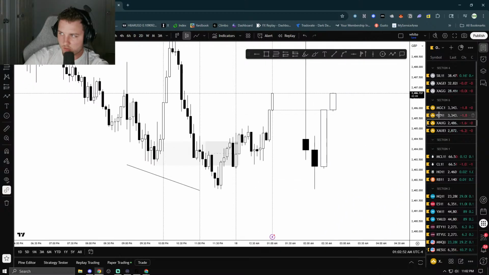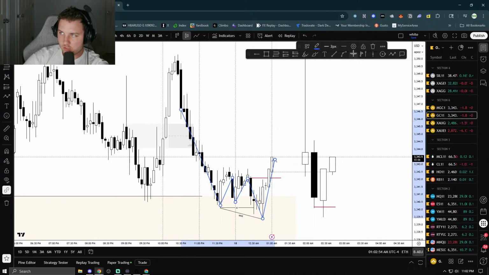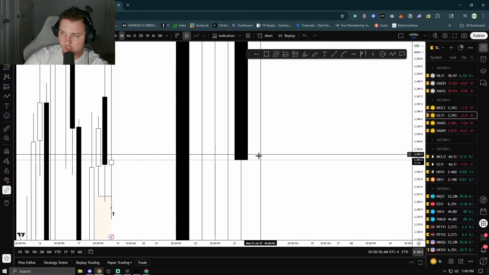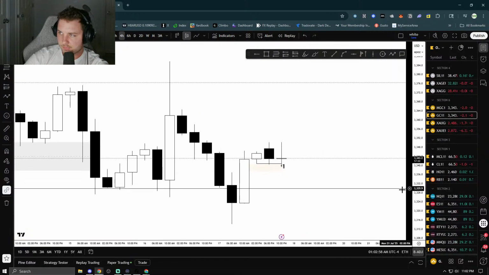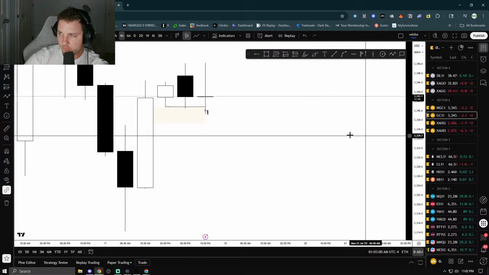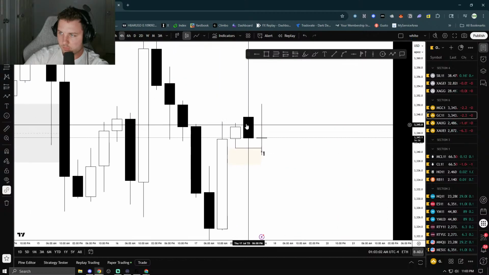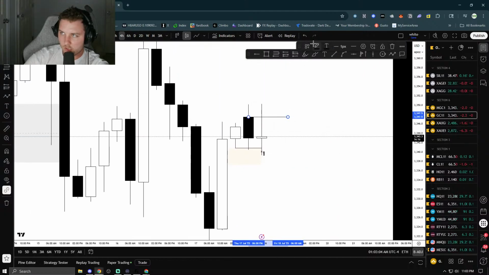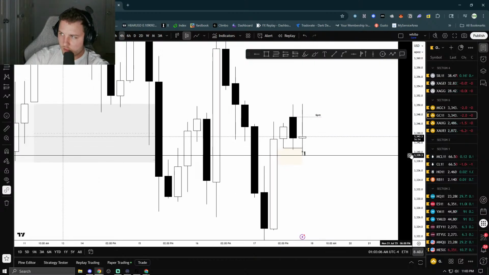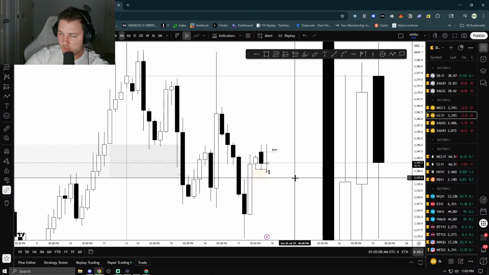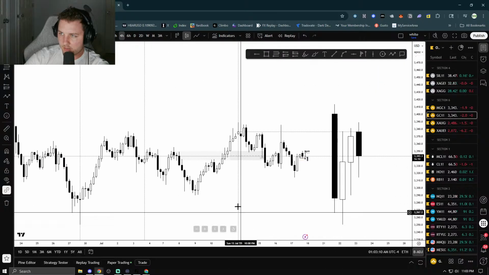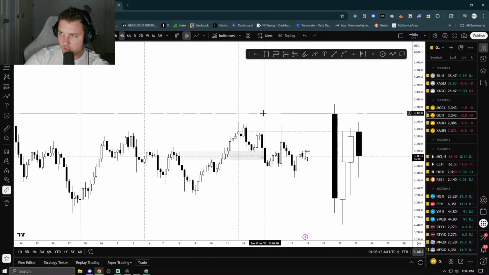Look here. See? So AMD reversal daily. What is the daily doing? Opening low into a key level. Higher time frame expansion into what?